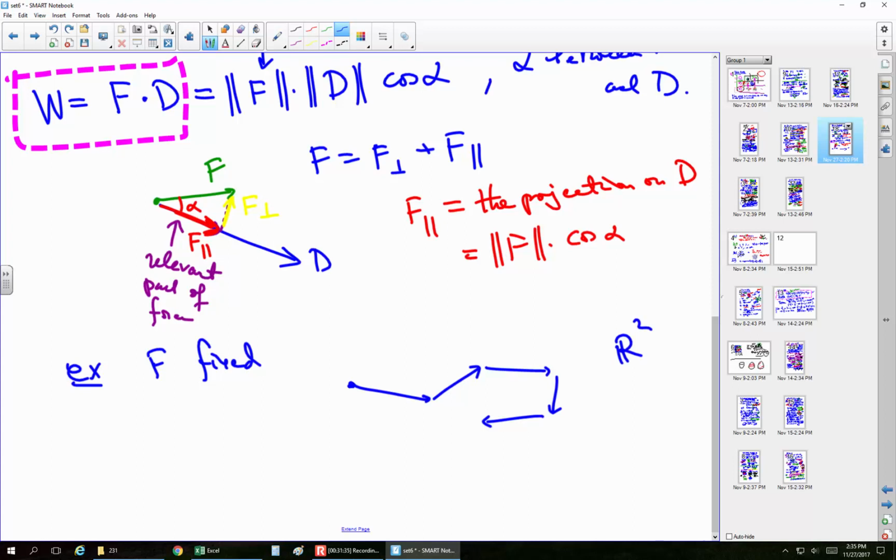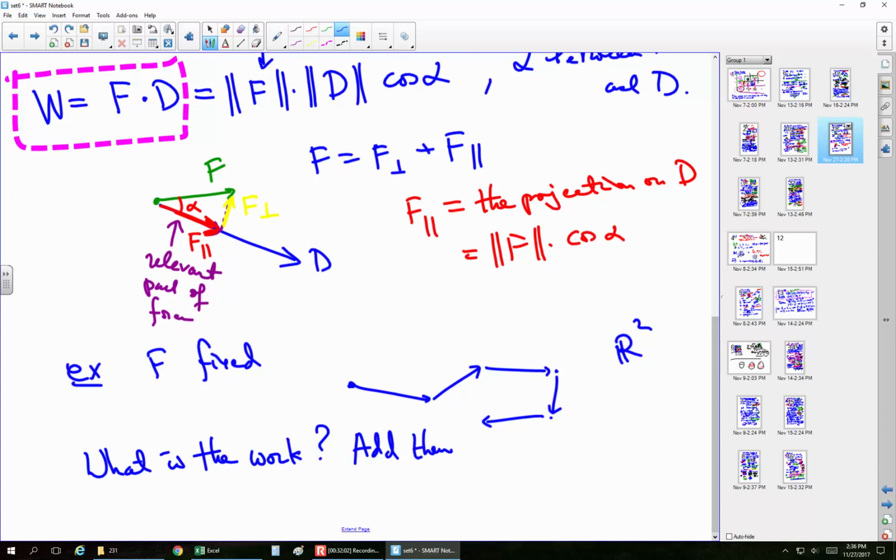So how do I compute the work? We do it item by item, and the formula will apply. So it will be just add them.